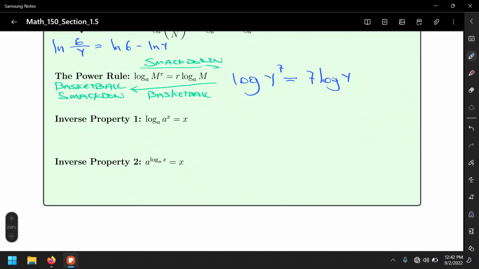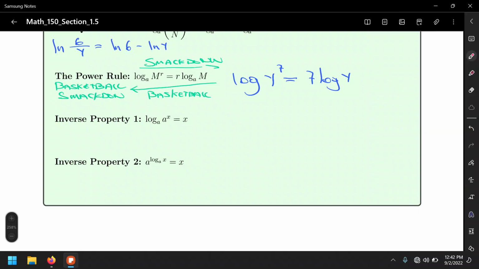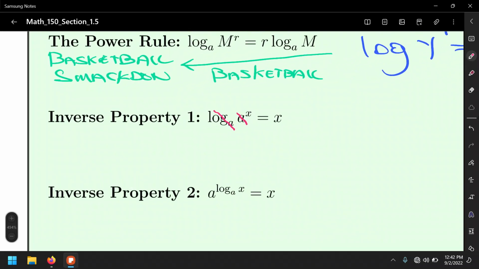All right, inverse properties between logarithms and exponentials. Essentially, the logarithm of the same base as the exponential cancel out each other and leave us with x.